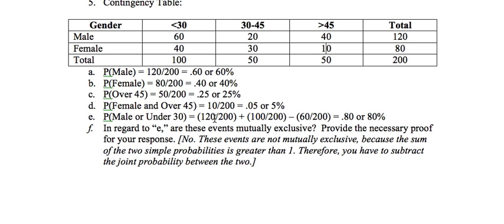Now, as you can see, remember I was talking about mutually exclusive events and non-mutually exclusive events. For mutually exclusive events, event A or event B cannot occur simultaneously. Well, if I take the probability of male and add it to the probability of under 30, my probability is greater than 1, or greater than 100%.